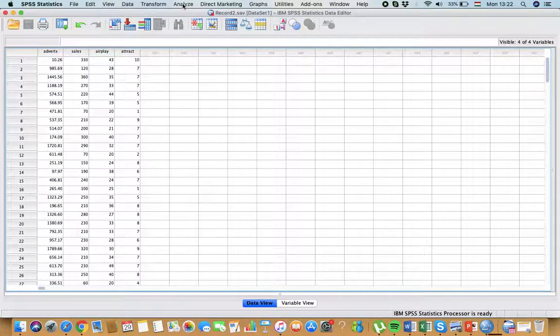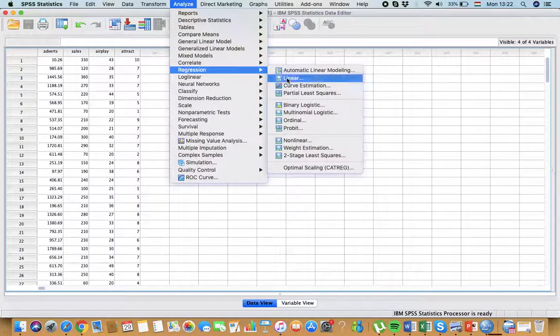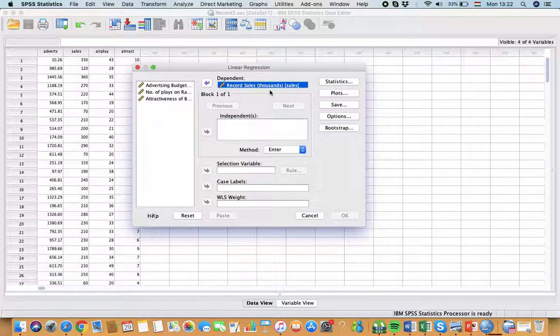So to find out which predictor variables have the most predicting power, we go to analyze, regression, linear, as before. Our dependent variable or outcome variable is still record sales.